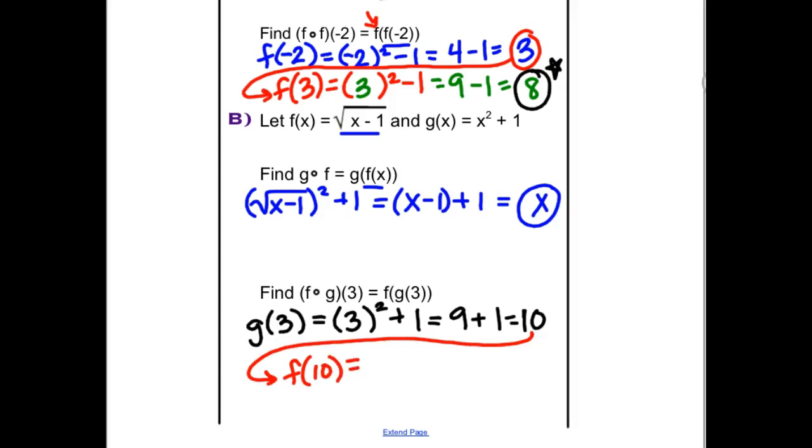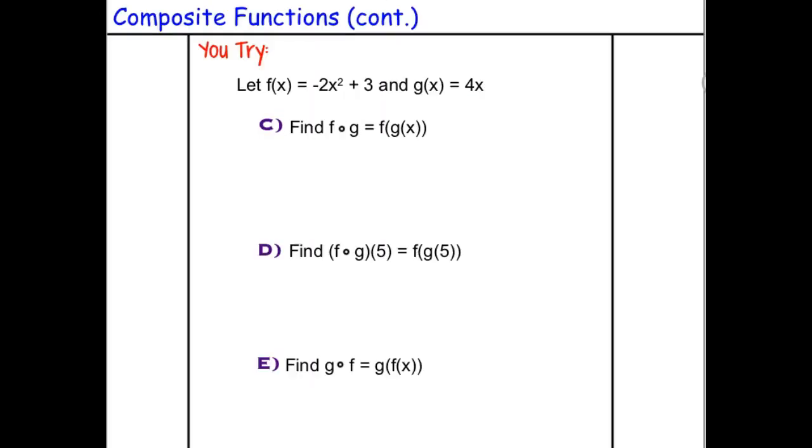Well, f is the square root of x minus 1. x is now 10. 10 minus 1 is 9. The square root of 9 is plus or minus 3. We'll get into that. If you just gave me 3, I'd be okay with that, but it really is plus or minus.